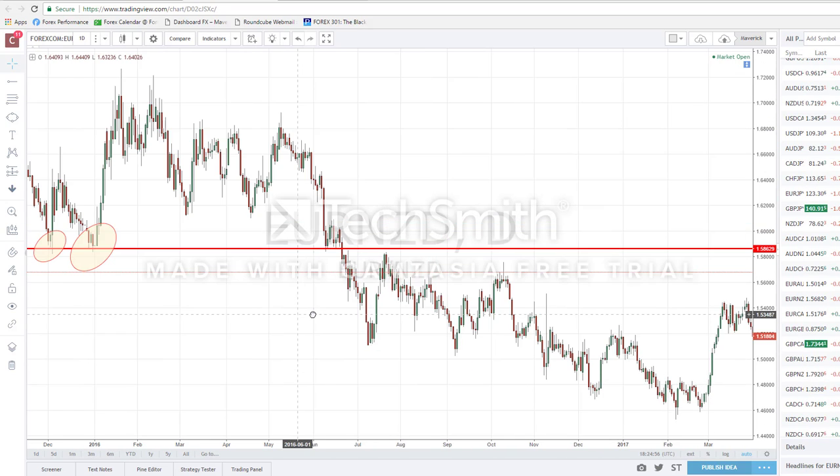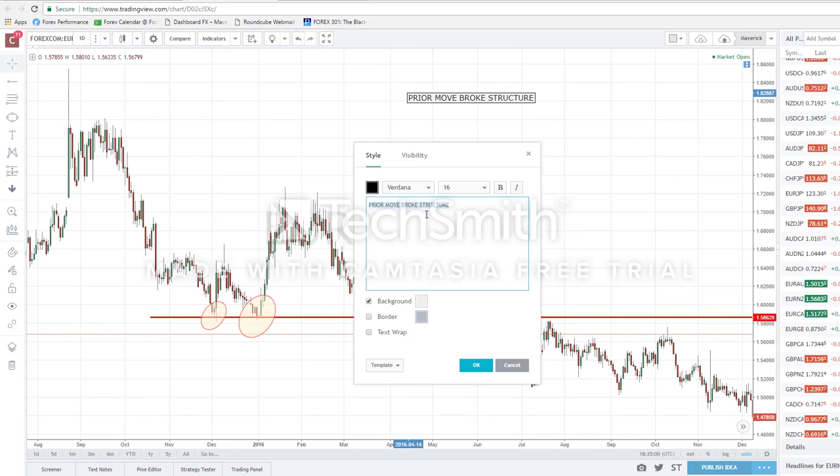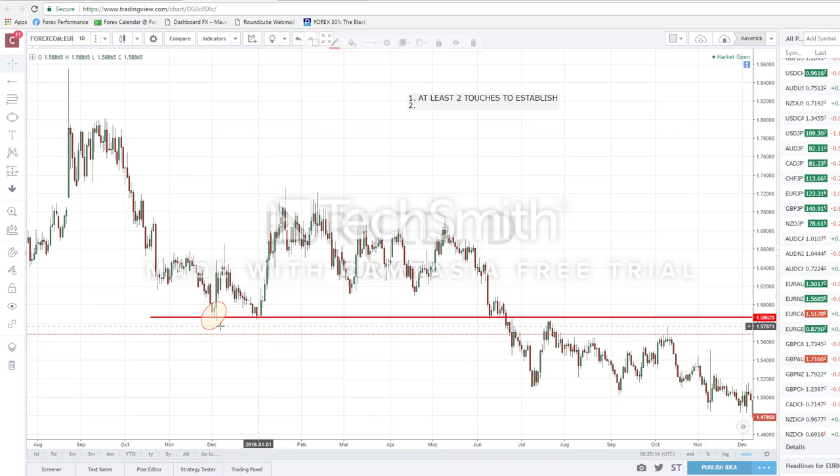So, first characteristic of a major support and resistance is going to be at least two touches to establish. So we are going to need at least two times of price hitting this area before it is considered established or valid. So that is the first characteristic to a strong support and resistance level.